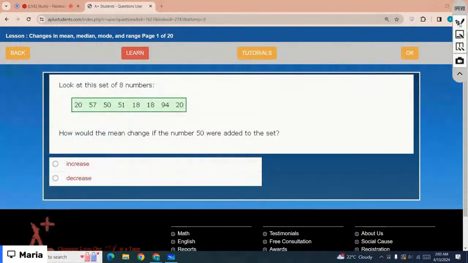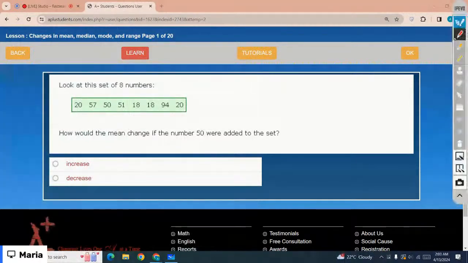Then add 50 to the set, sum up these numbers and divide by 9, because 8 were the numbers, and when you add 50 they are 9 in number. So divided by 9, that would be 42. That means the mean is increased from 41 to 42. The correct option is increase.